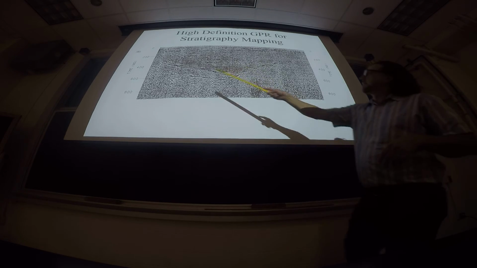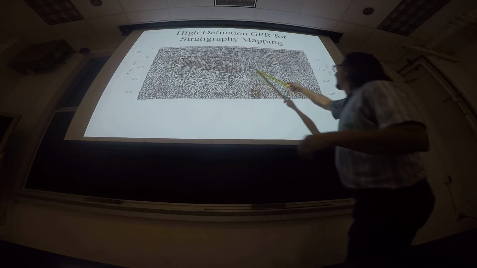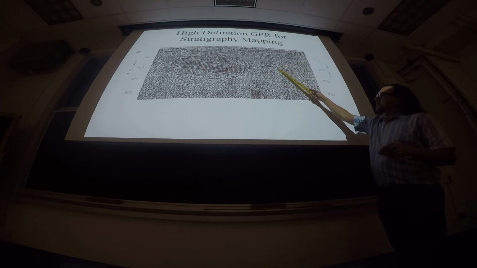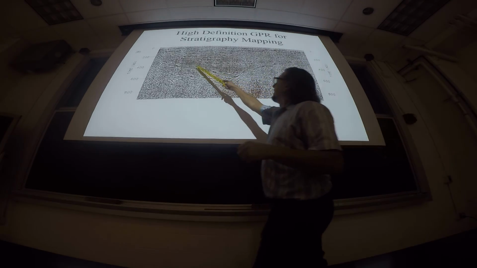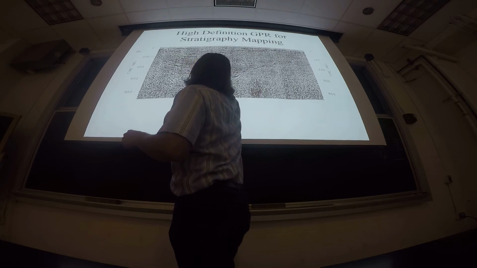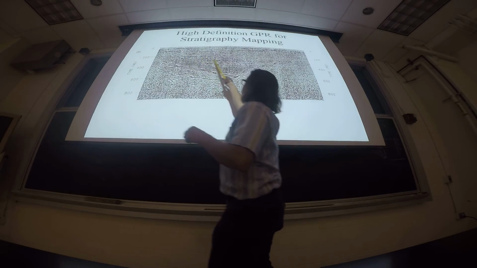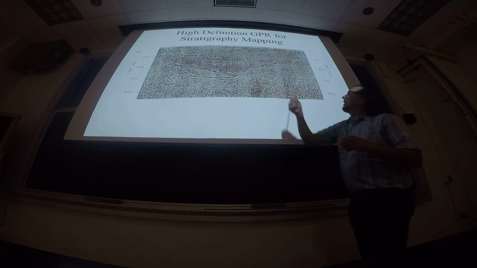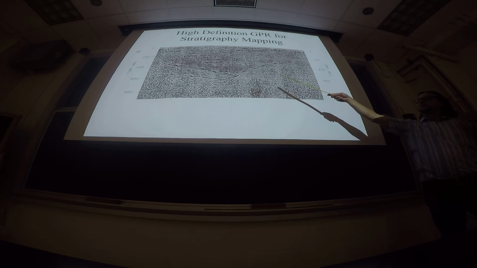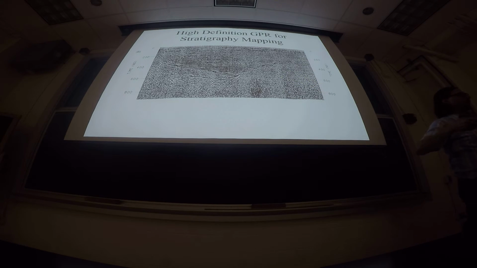So you see, here's the base right down here. This was some sort of bedrock or clay base or something like that. And then you have all these reflections showing different microscale layering that occurred as deposition was occurring in the river channel, and erosion, deposition, erosion.